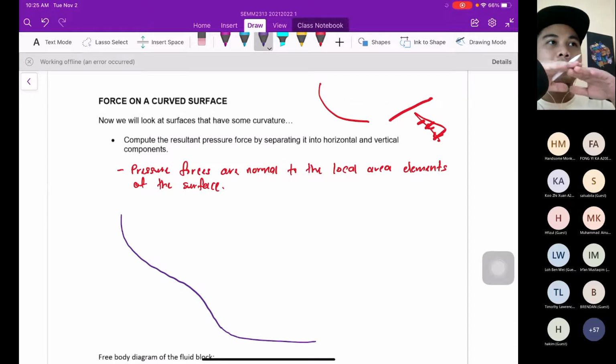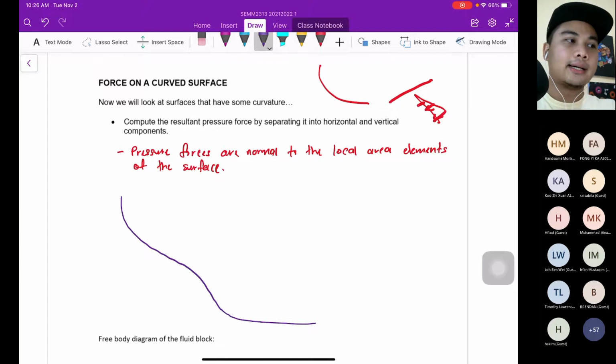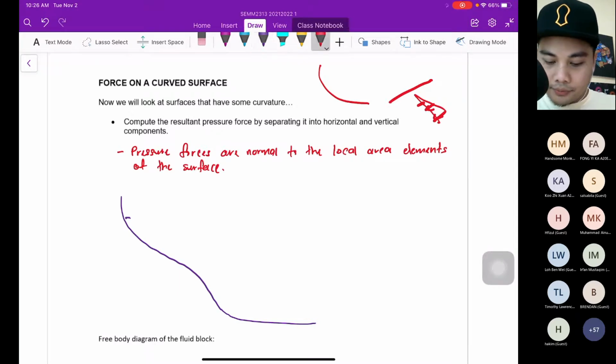Since the pressure force is separated into horizontal and vertical component, we must know how to project this curvature. From here I project in this direction, the horizontal. This is the projection, because we need to separate. And then this is the projection in the vertical direction.